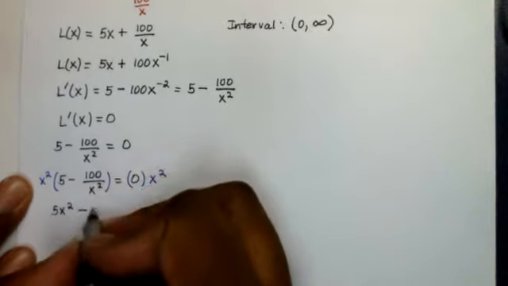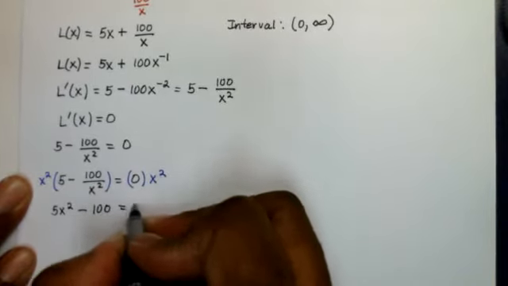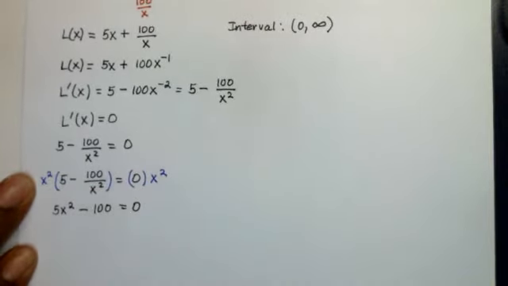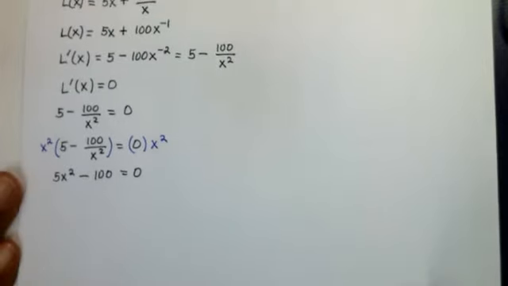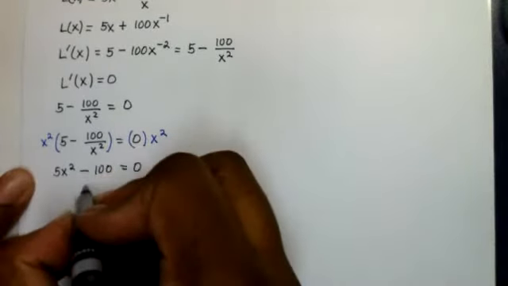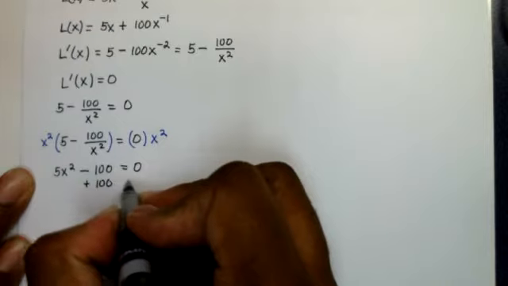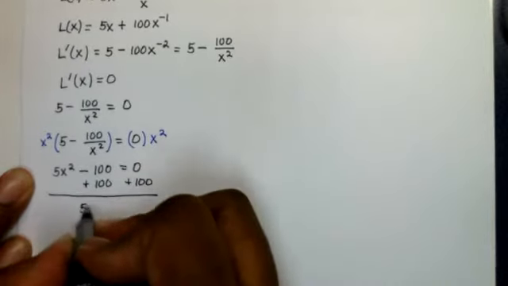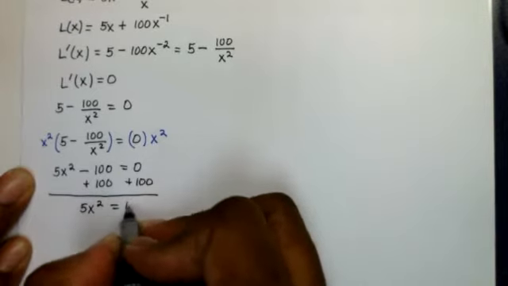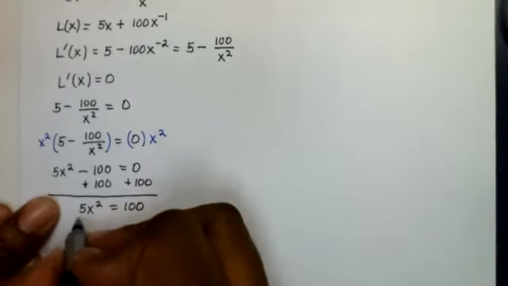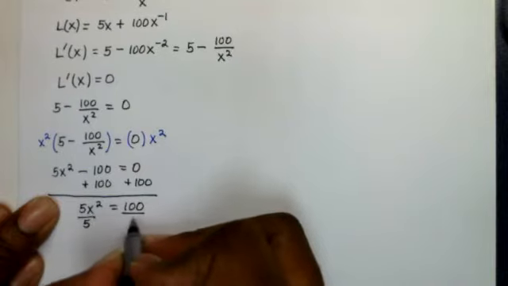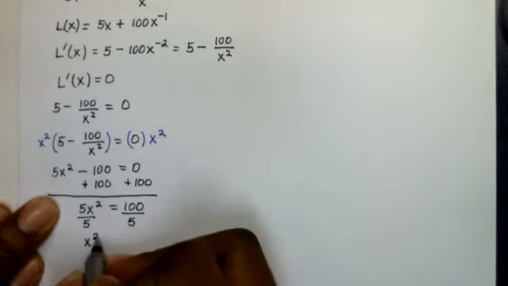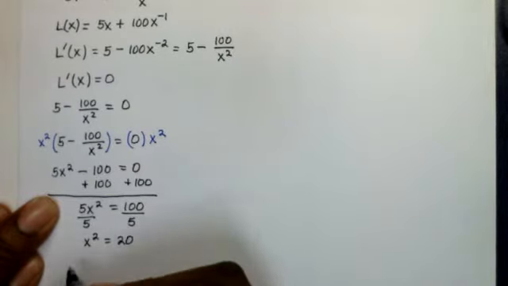You'll be left with 100 equal to 0. And then next we're going to get X by itself. We need to first add 100 to both sides. So that means I'm going to have 5X squared equals 100. Divide both sides by 5. X squared would be equal to 20.